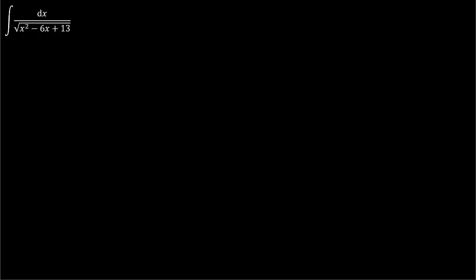What we'll need to do with the denominator, the part underneath the square root, the x squared minus 6x plus 13, is complete the square on this. So if we complete the square, we'll rewrite this like this.